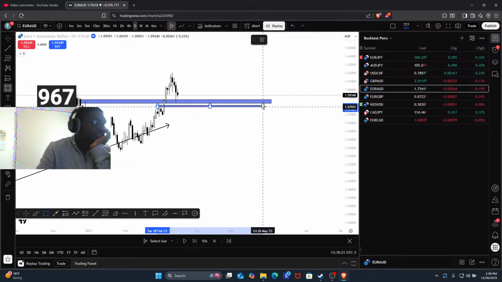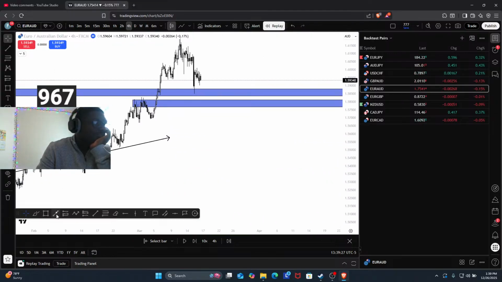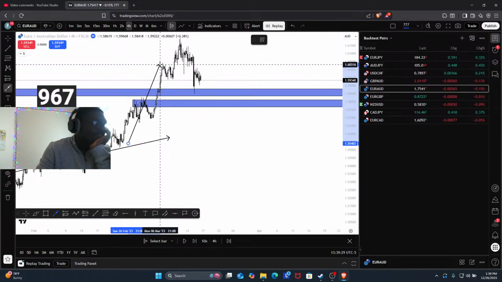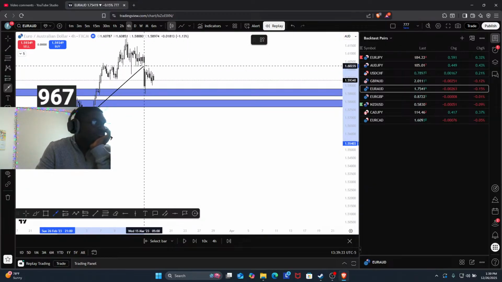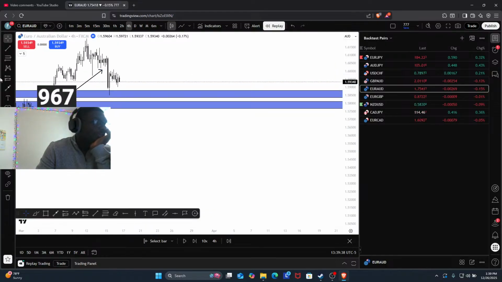It just depends on where it's going to accumulate. Price got what? High, low, high, break. Now you can play this pullback here. I'm not going to lie. You could. Why? Multiple rejections.